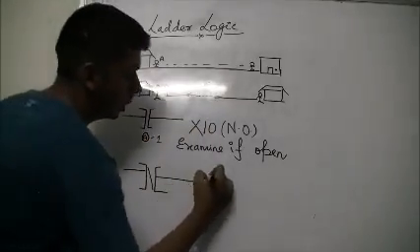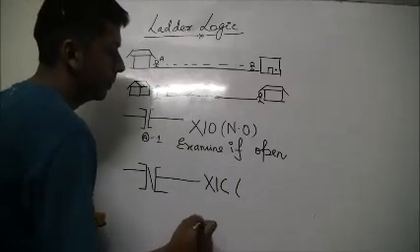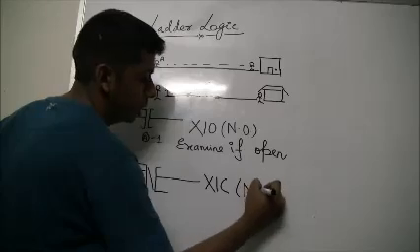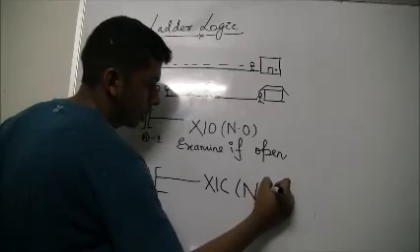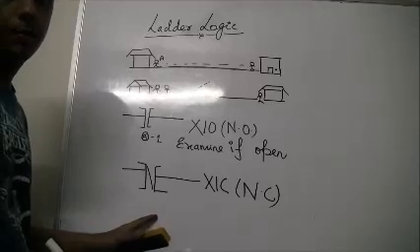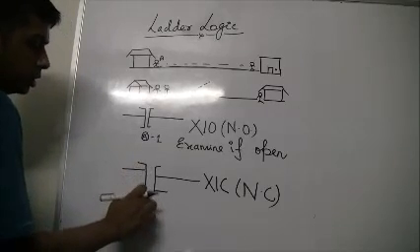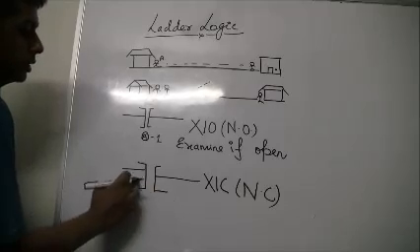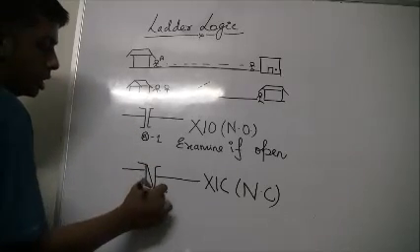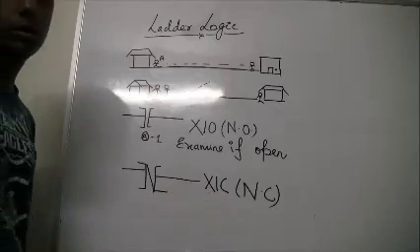That's why it's known as examine if closed or normally closed, right? So it remains closed, and when you have an input, this thing removes and the circuit breaks. This turns into this, right? So this is your examine if closed, normally closed function.